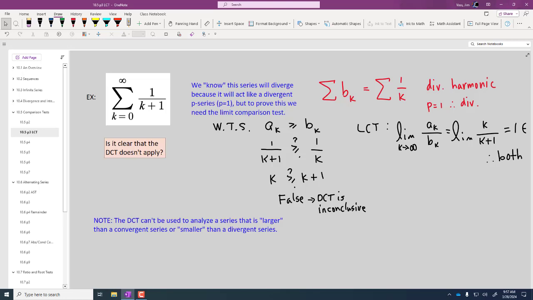Moreover, the direct comparison test gets more at the underbelly of what it means to converge and diverge, so it's super important to go through this process to reinforce these ideas of infinite series: showing that less than converging converges, greater than diverging diverges. And if that doesn't work, then think of the limit comparison test as the last resort if you can't do it with the direct comparison test.